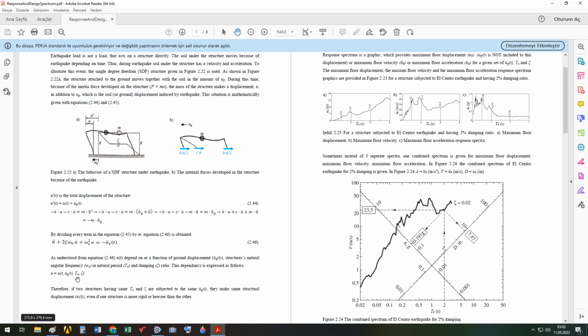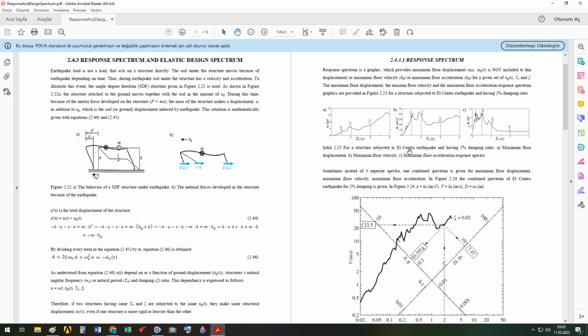A lot of structures with the same damping ratio but different natural vibration periods or omega n. Then every structure makes different floor displacements, floor velocities, and floor accelerations.